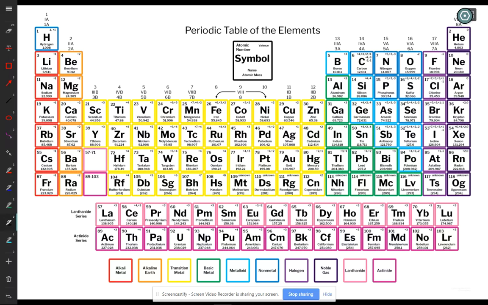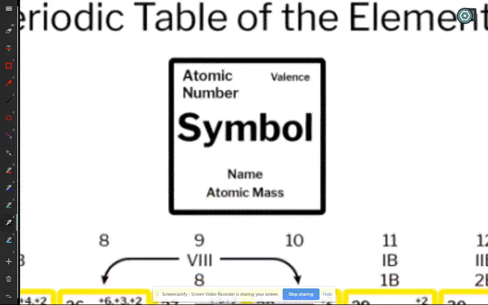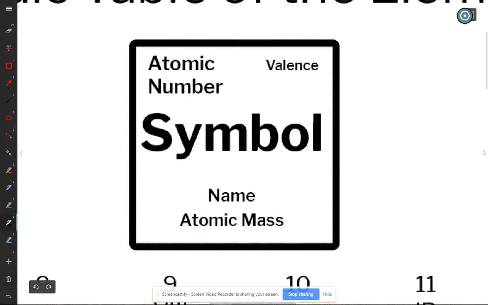So let's look at the center, the symbol thing that tells us how to read this. So we have in the top left corner the atomic number. What does the atomic number tell you? Number of protons, if it's neutral.